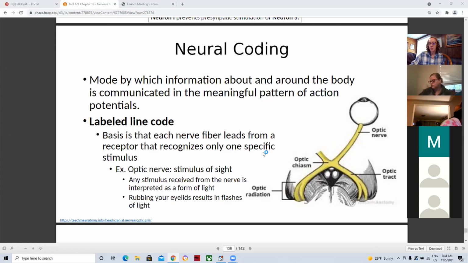So this is a labeled line code. The basis of this is that each nerve fiber is activated by a receptor that recognizes only one form of stimulus.